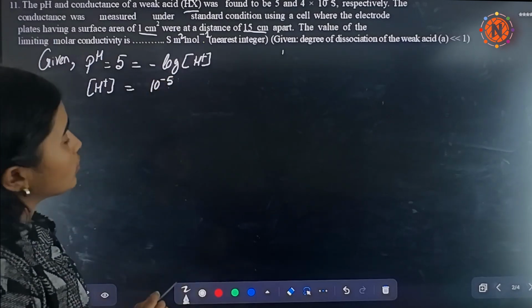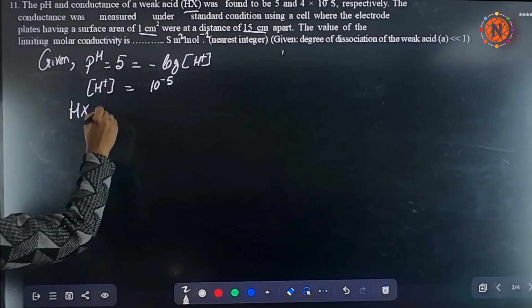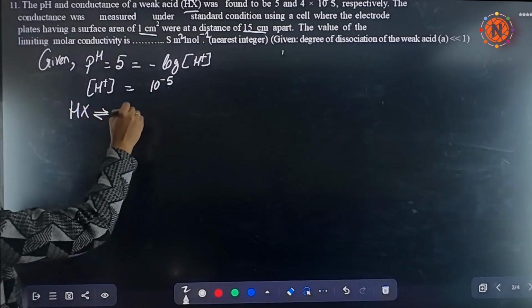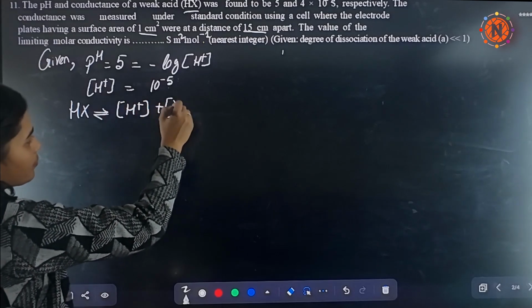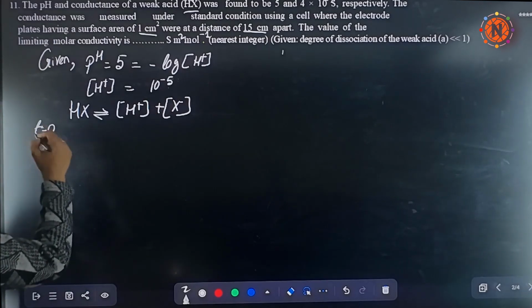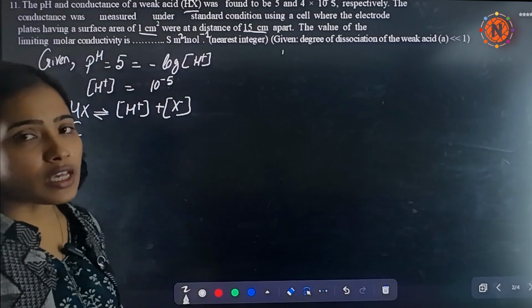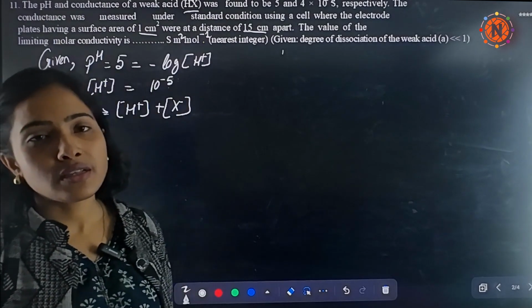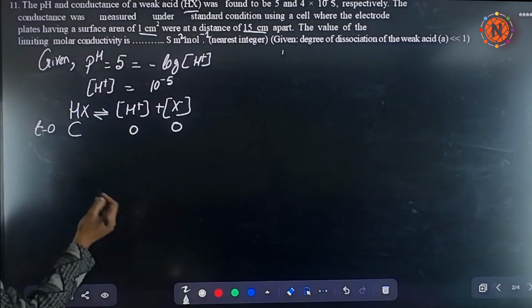Now we are talking about the weak acids. So weak acids partially get dissociated, so it will give you partial dissociation into H plus plus X negative. So at time t equals 0, when the reaction had not started, the concentration of HX was considered as C. So the products will be 0.